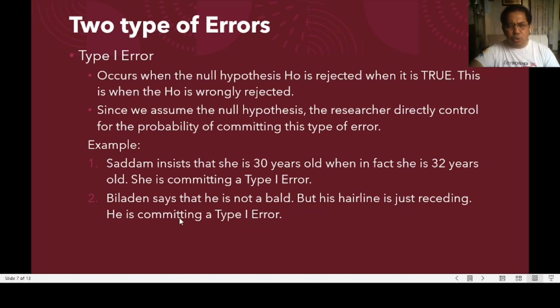So he is committing a type 1 error. It was established that that is the scenario, but in your decision you tend to reject the true statement. So that is the meaning of the type 1 error.